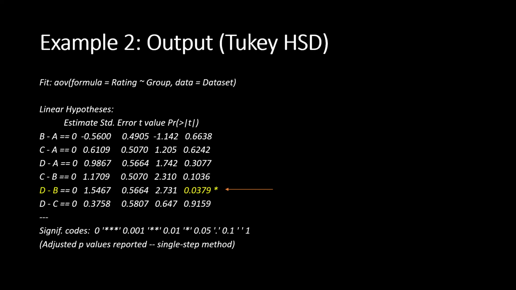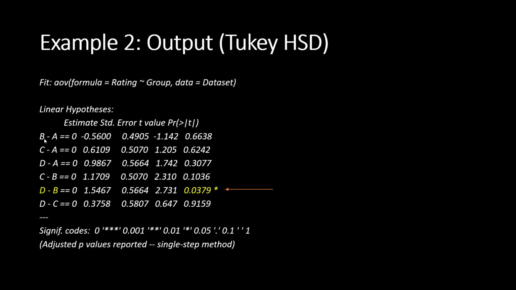Because we checked this box here, we have additional output. And this is that additional output which appears in our output console in the RStudio interface. So we have different p-values. And on the left over here, these are the group comparisons, one-to-one.